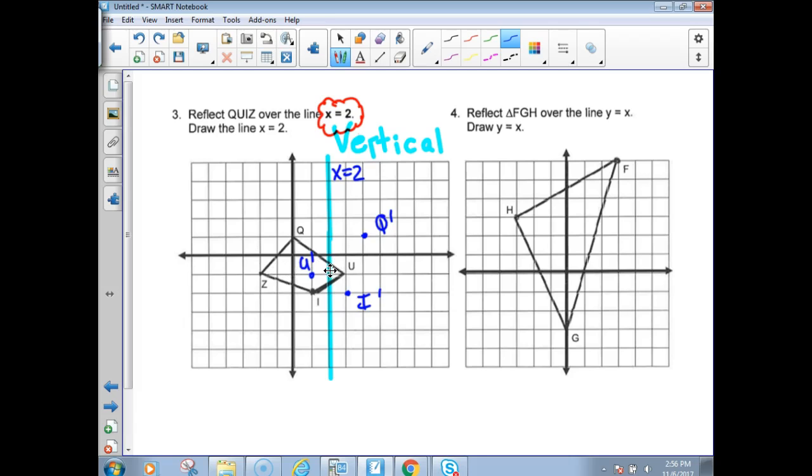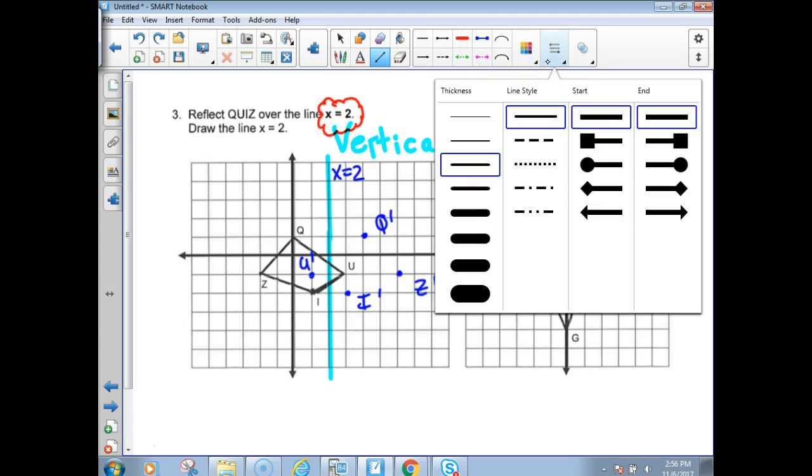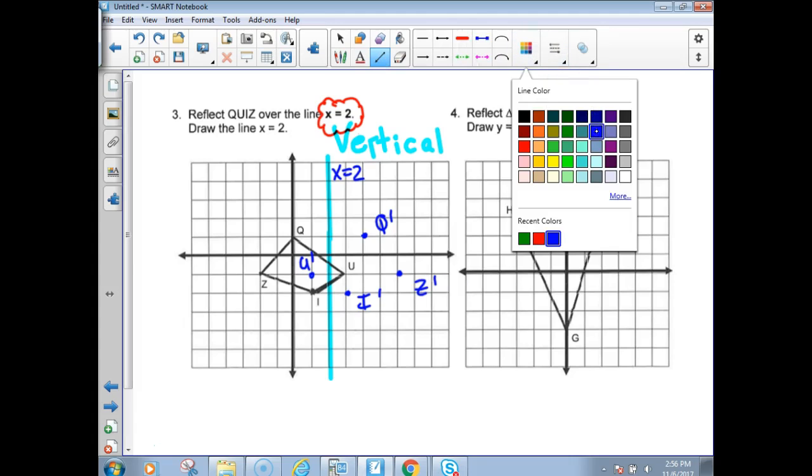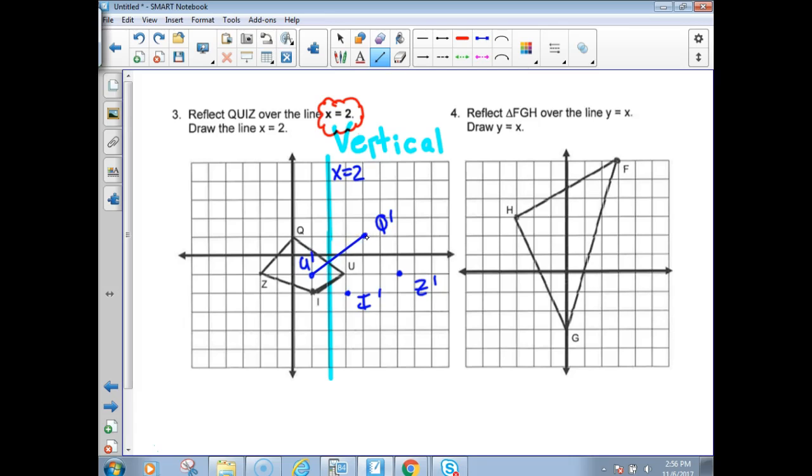Go back to the line and go 4 to the right. Connect your points. All right, any questions on that?